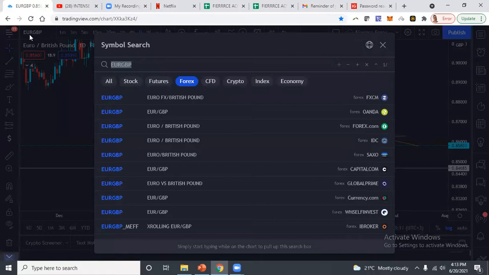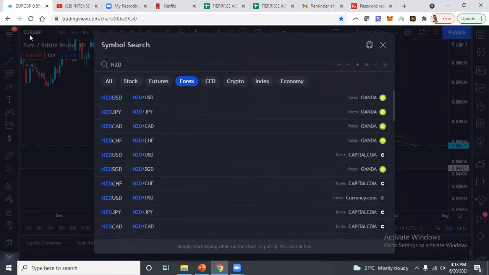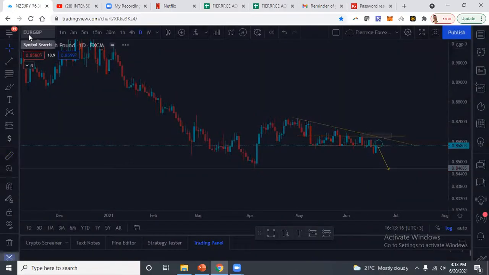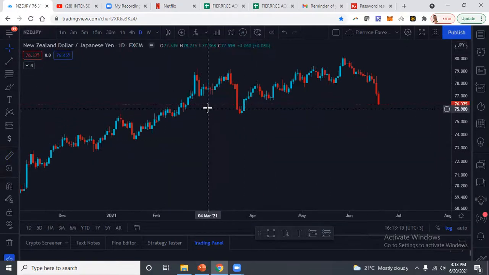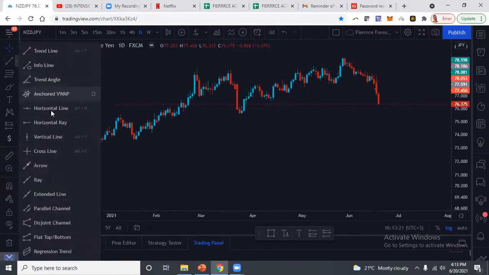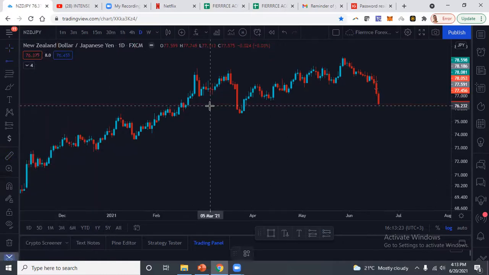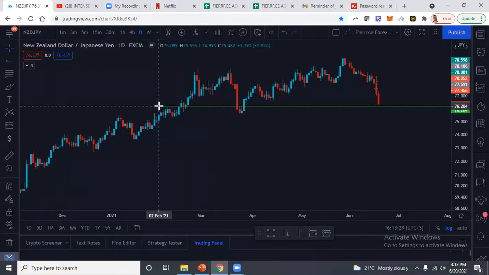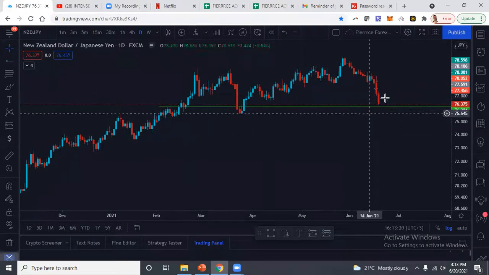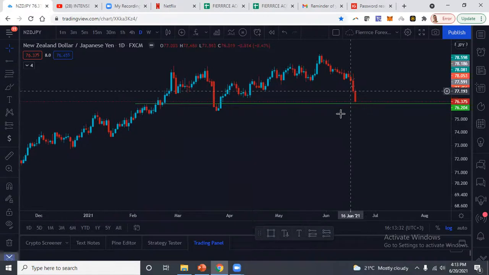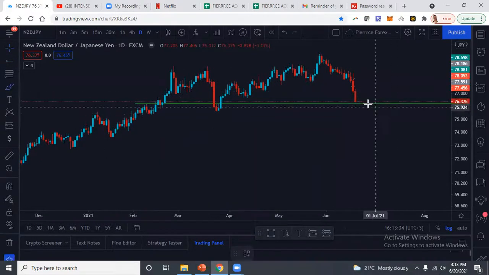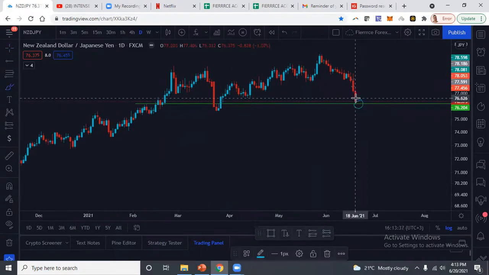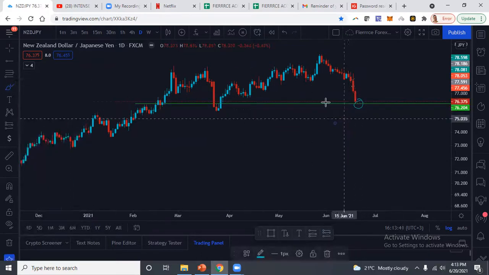Let's look at an NZD pair, NZD JPY. Similarly, it's at a key level of structure, a previous level of structure, right about there. What I'm seeing right now is there could be a rejection here. Don't mind my circles, which are not proper.